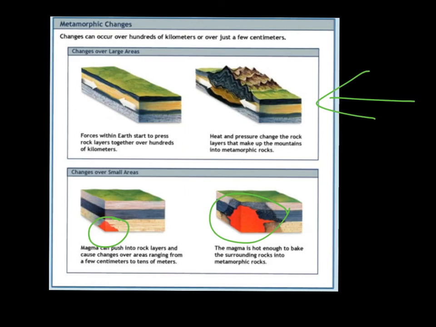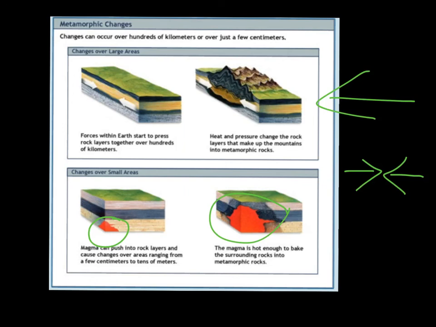For an example, if you have an area where you've got large blocks of rocks that are pressing together and pushing up mountain ranges, let's see if you can remember what that's called. Give you a moment, right? Right, convergent areas, right? So in that area, if you've got those rocks pressing together, pushing up mountains, you're going to get that metamorphosis that's going to happen, and you're going to get a large area of change.